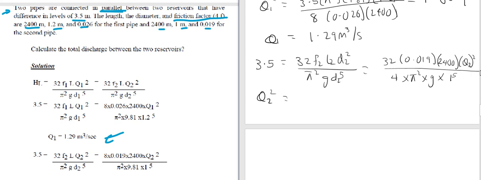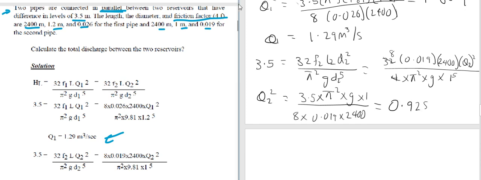Q2 square will be equal to 3.5, so basically this 8 cancels, 3.5 times pi square times g times 1 over 8 times 0.019 times 2400, exactly, times 2400. Let me put that on my calculator: 0.9289.